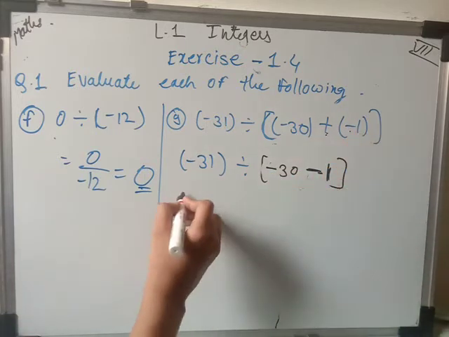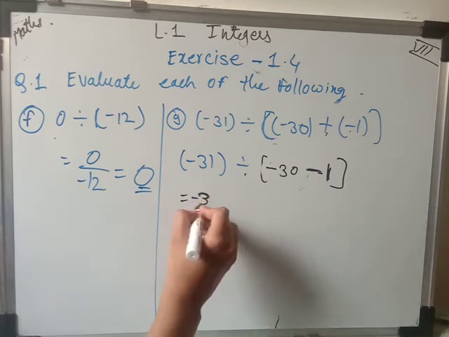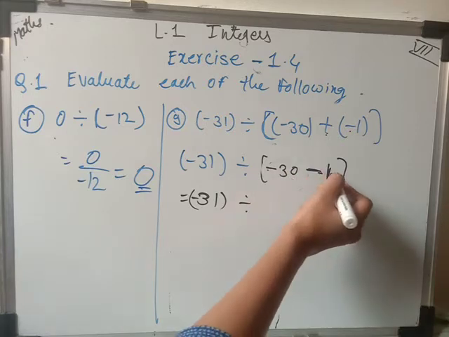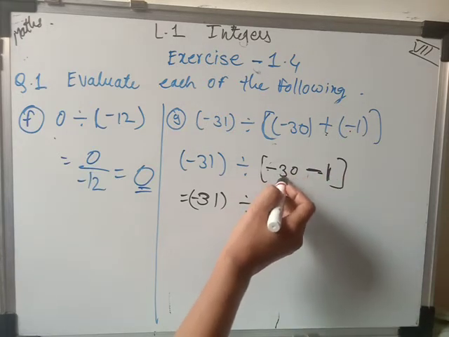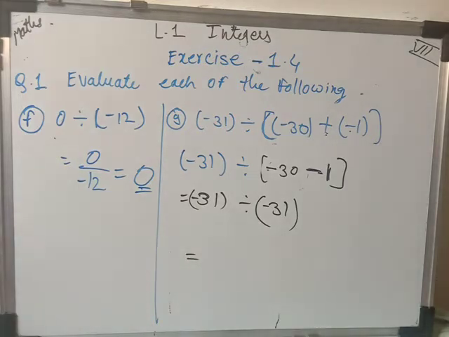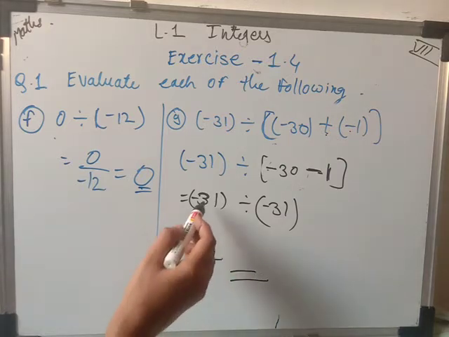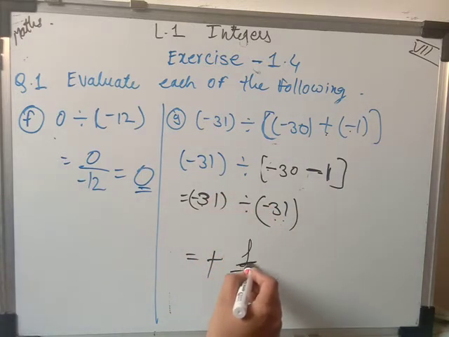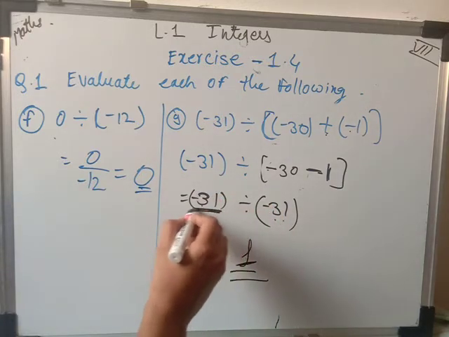So now let's solve minus 31 divided by minus 31. 30 plus 1 is equal to 31, and 30 is the bigger number, so we have to give the sign of that number. Again here on the left hand side and right hand side we are having minus 31, minus 31, both are negative integers, and when we are dividing two negative integers, the quotient is always positive. So 31 ones are 31, that is equal to 1, because that number can divide itself only.